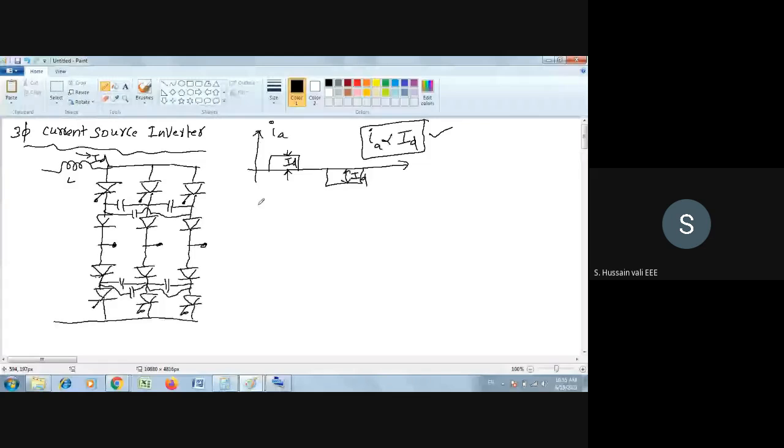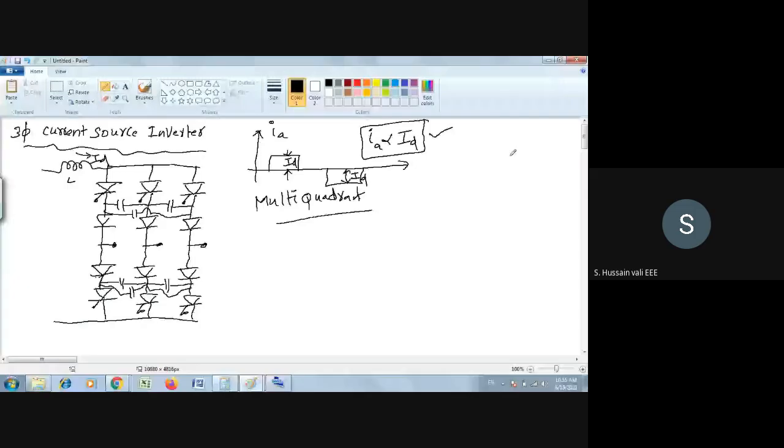Another topic: how do you operate this current source inverter in multiple quadrants? We have seen in the case of the voltage source inverter how to operate in multiple quadrants. As a recall, this is torque versus omega with plus and minus axes.